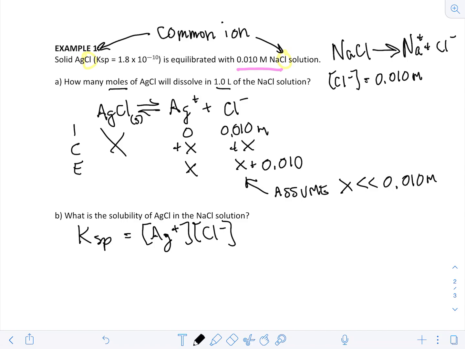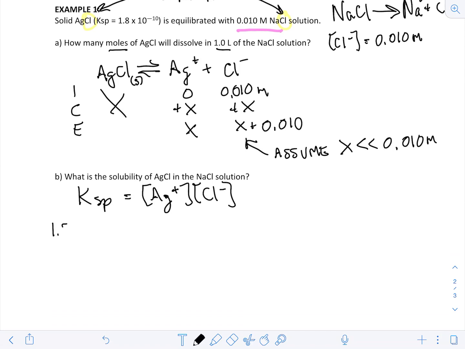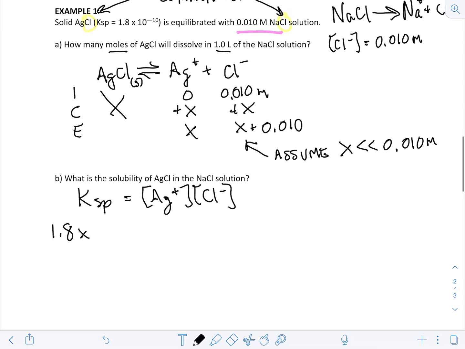The Ksp is 1.8 times 10 to the negative 10th.